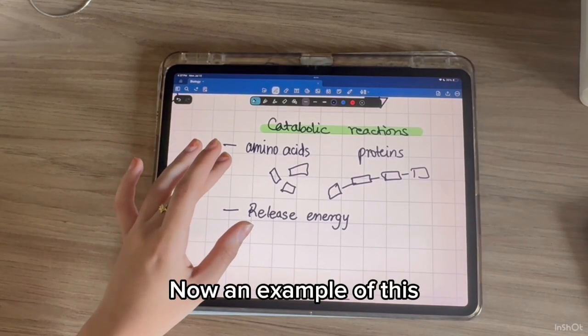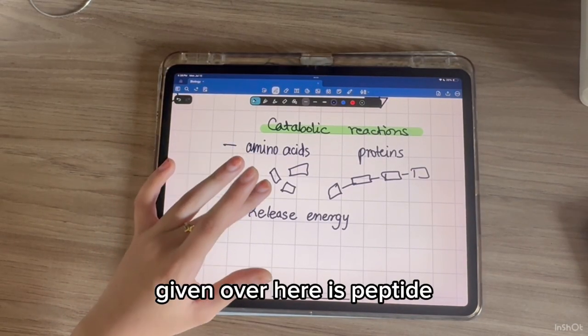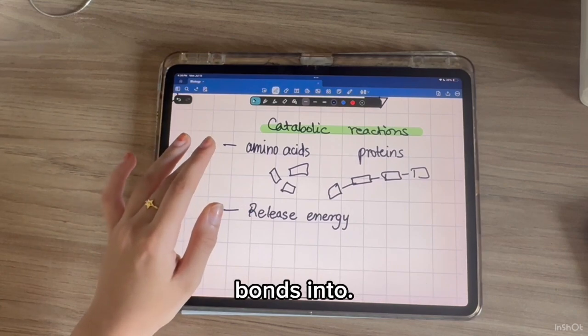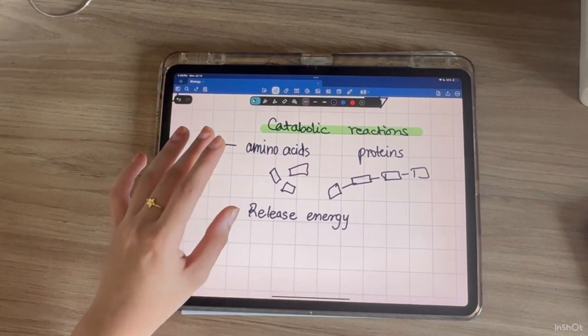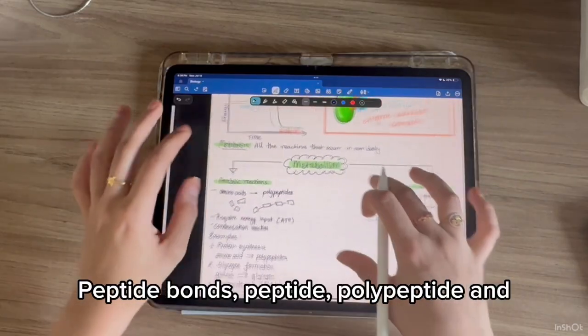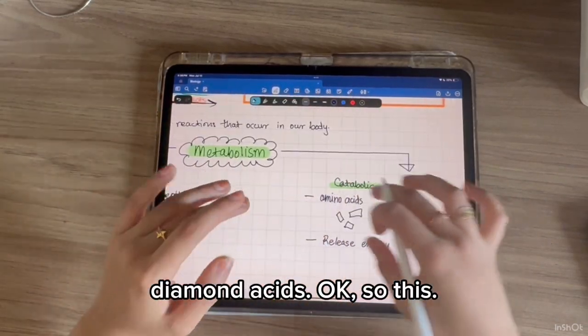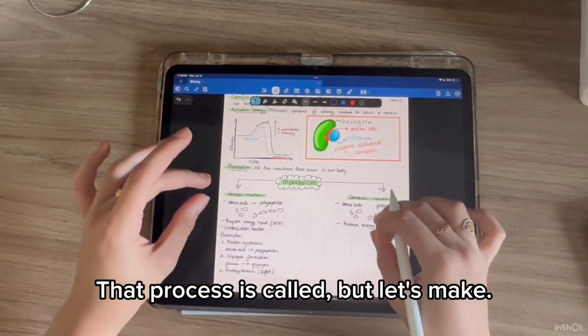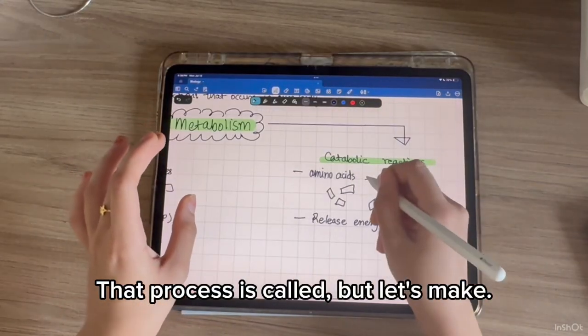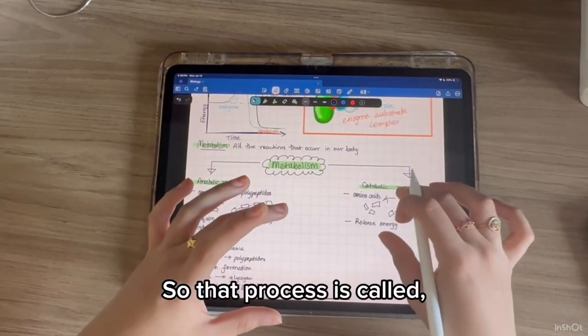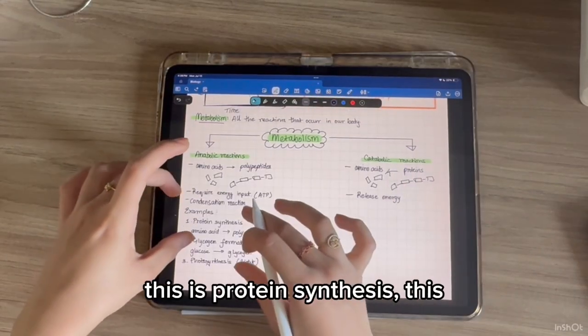Now, an example given over here is peptide bonds in a polypeptide being broken into amino acids. Okay, so that process is protein hydrolysis, while the reverse is protein synthesis.